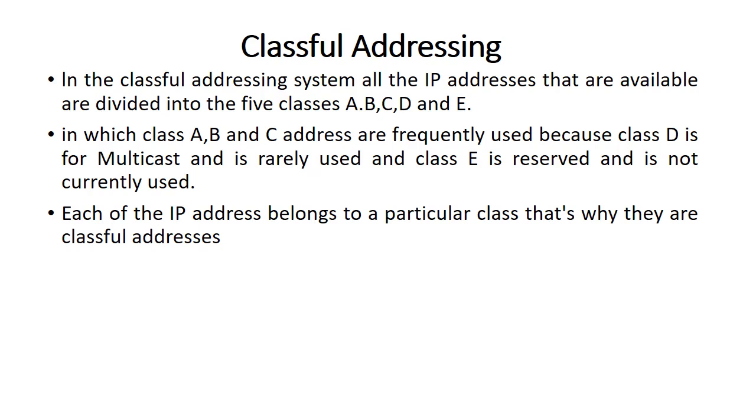Classful addressing is the concept discussed in the earlier stage of the history of IP addressing, and we will discuss how to identify which class an IP address belongs to, since the current situation is also based on the classful addressing scheme.